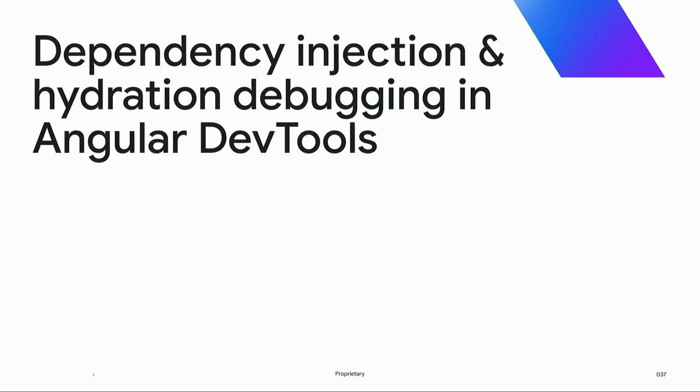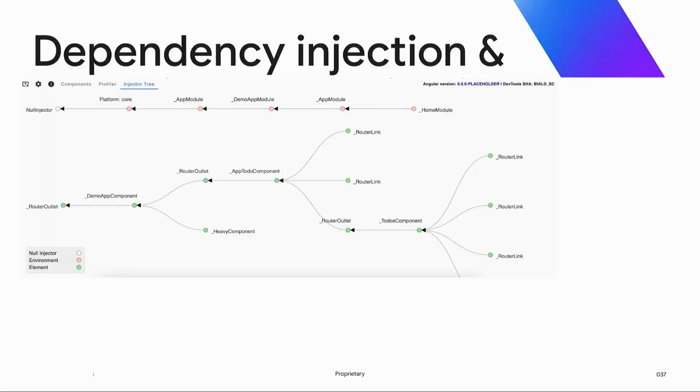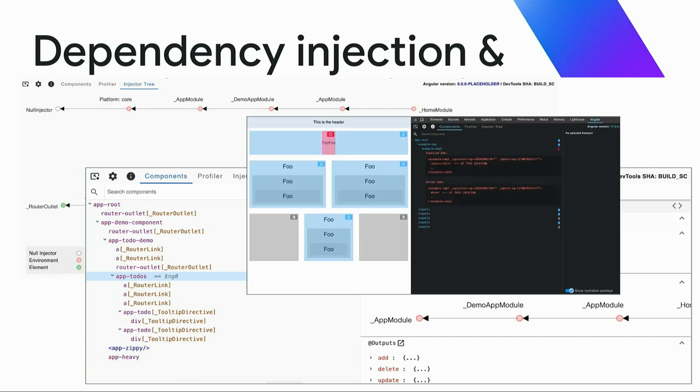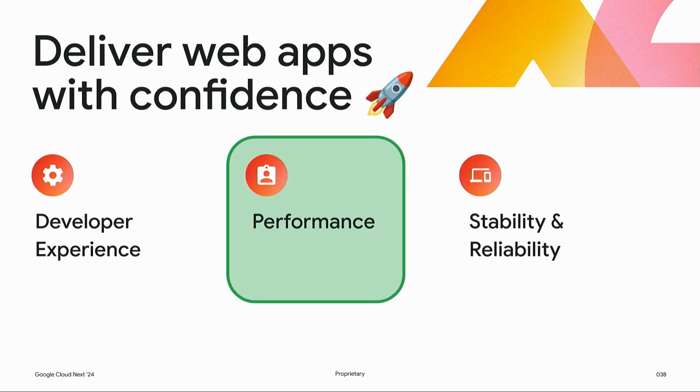And in addition to your IDE, you can also go inside your browser and download Angular dev tools and see things like dependency injection, an injection tree, and all of the things that you might need to debug these new features directly in your browser.